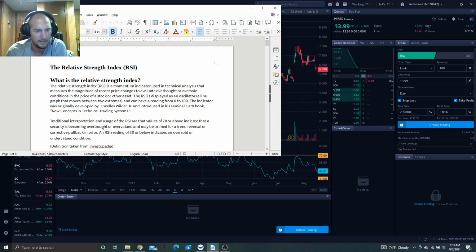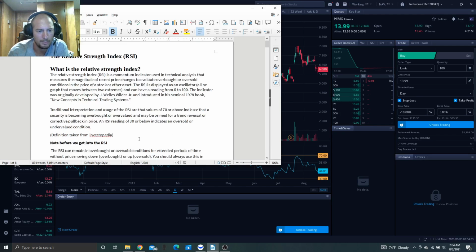Traditional interpretation and usage of the RSI are that values of 70 or above indicate that a security has become overbought or overvalued and may be primed for a trend reversal or a corrective pullback in price. An RSI reading of 30 or below indicates an oversold or undervalued condition. And this definition was taken straight from Investopedia.